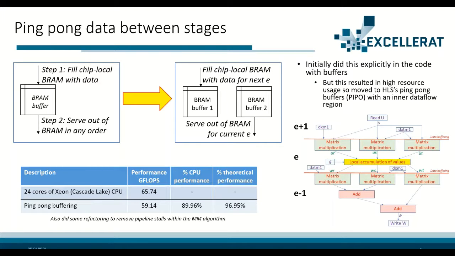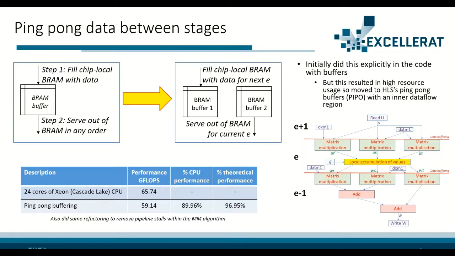So now about 90% of the 24 core CPU, and I'm hitting about 97% of my theoretical performance from doing that calculation. So at this stage, I know that there's not a huge amount of headroom to further optimize at the algorithm level, because I've got most of that speed up that's possible based upon the design of this.